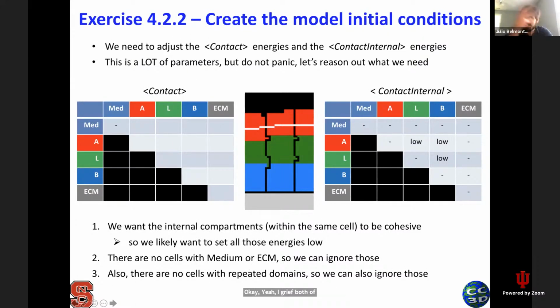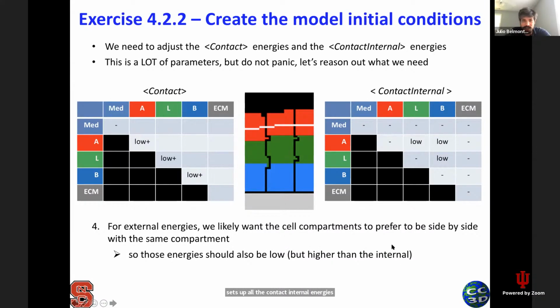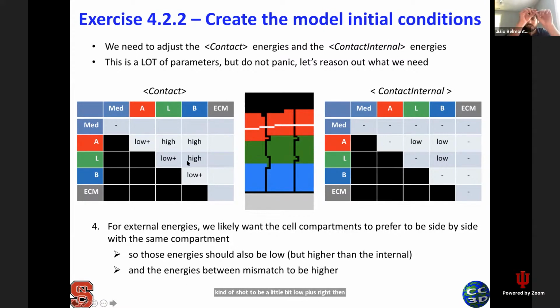So this actually sets up all the contact internal energies. Now let's look at the other ones. The apical should be a little bit low. Then for these other ones, the cross-sectional energy, so lateral to this one and lateral to this one, should be relatively high.